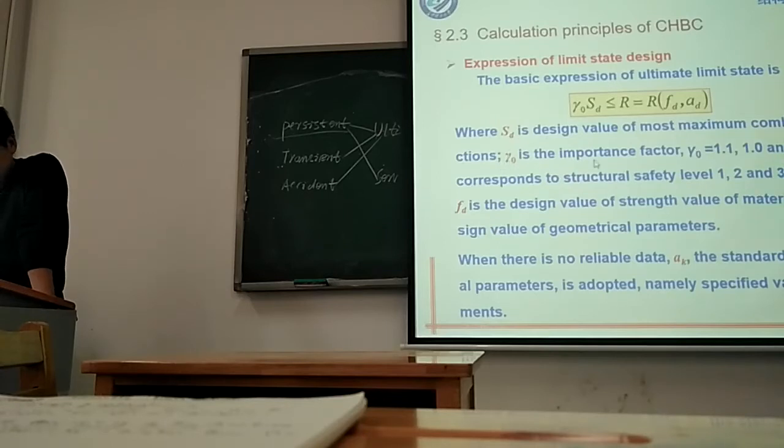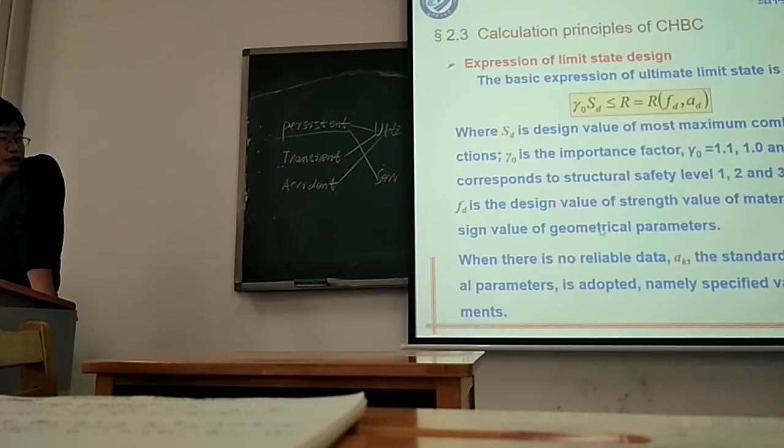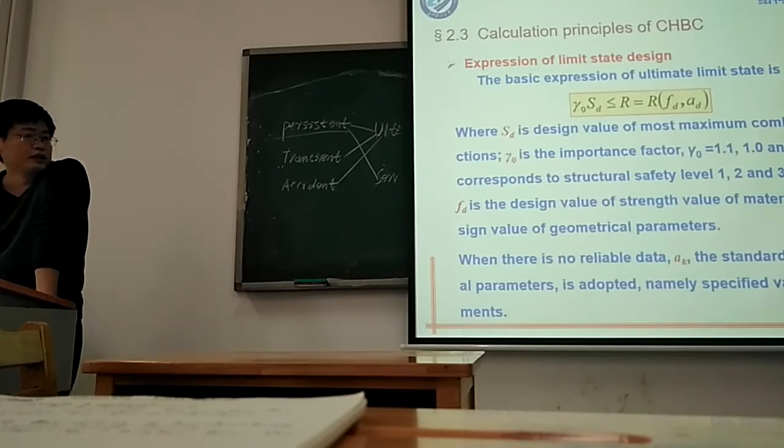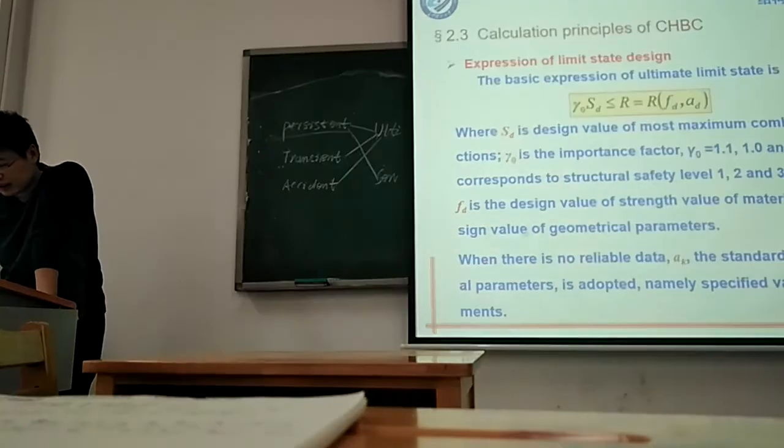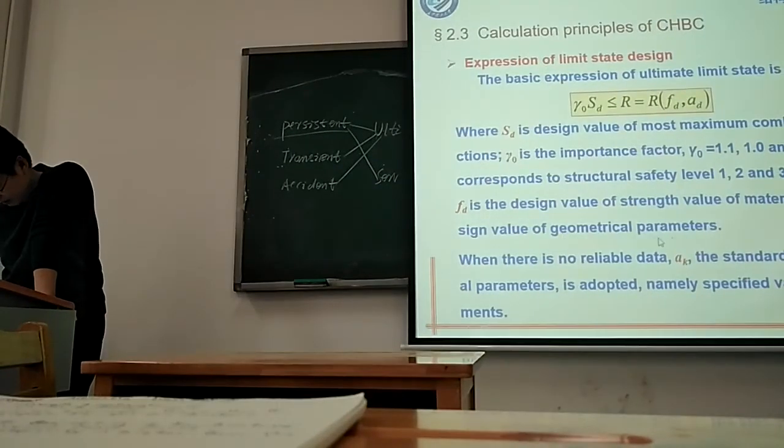And gamma 0 is the importance factor. We have introduced 1.0, 1.1, 0.9, something like this, corresponding to the structure safety level 1 to 3. And fd is the design value of the strength of the material. ad is the design value of the geometrical parameters. This value you can just check in the code.